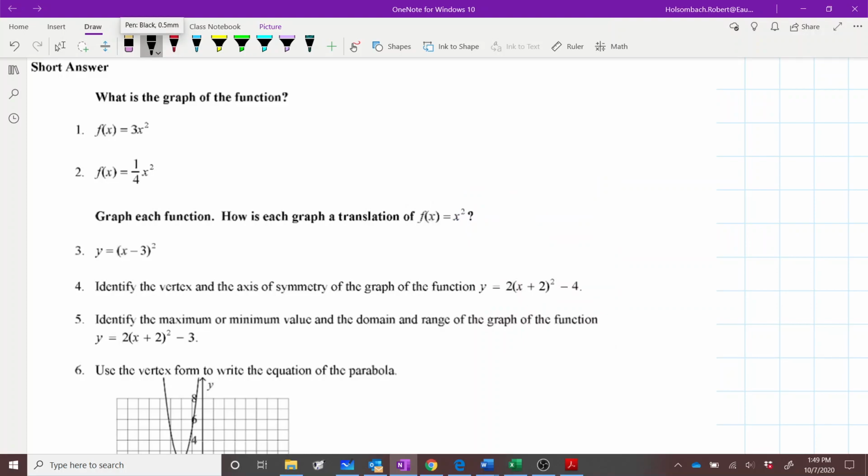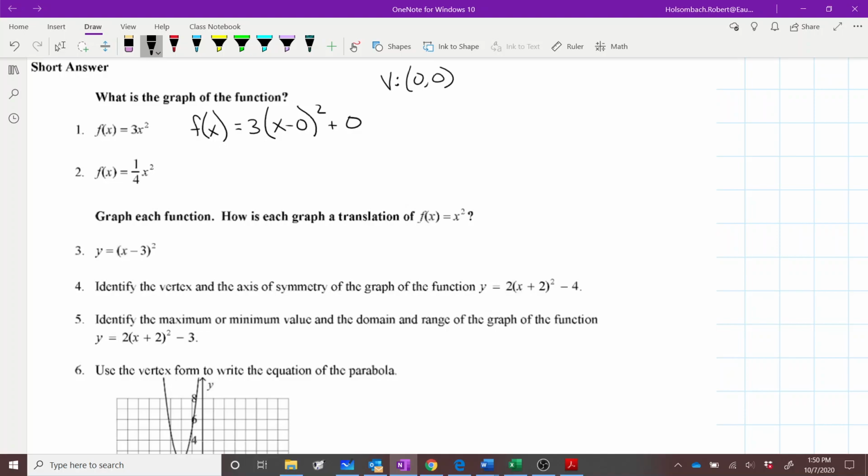Alright, the graph of the function f of x equals 3x squared is the same as f of x equals 3 times x minus 0 squared plus 0. So our vertex would be at 0, 0.